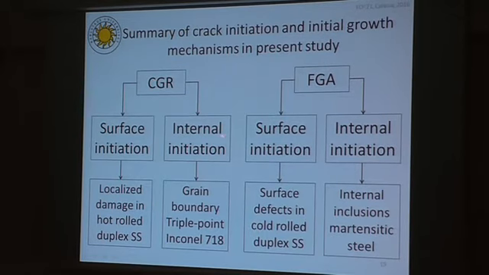Here, both the crystallographic growth region and FGA were observed around crack initiations that occurred at the surface as well as internally. But the damage mechanism and the defect types that were responsible for the initiations were different in different materials, as I presented before.